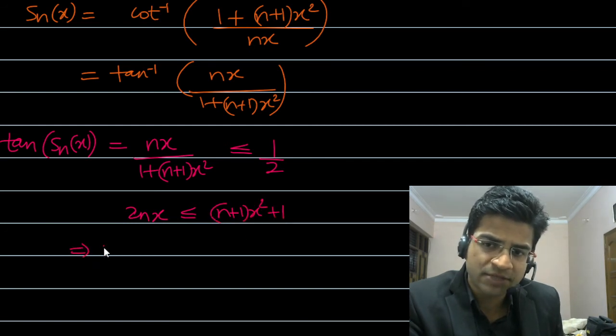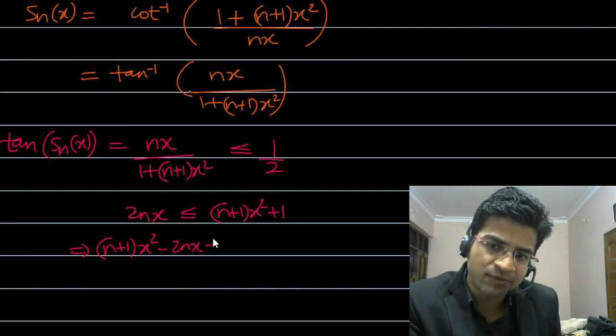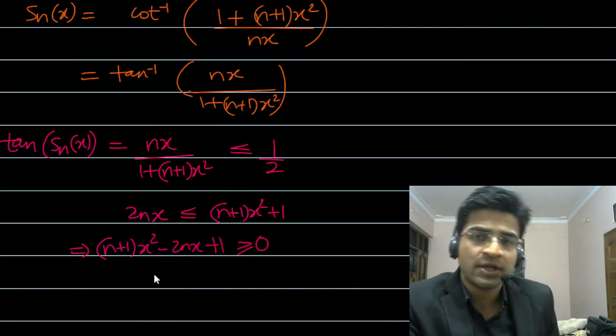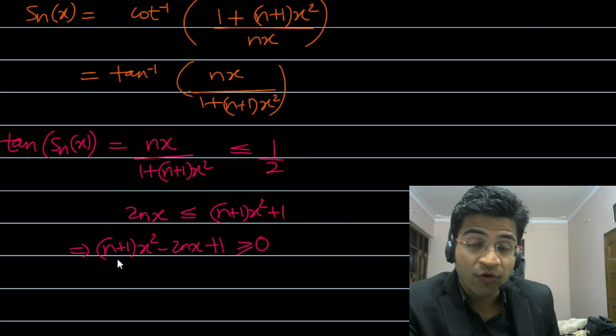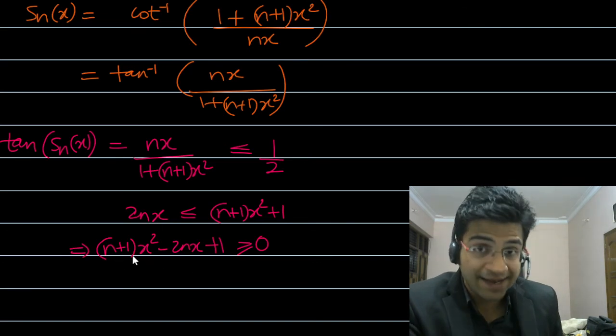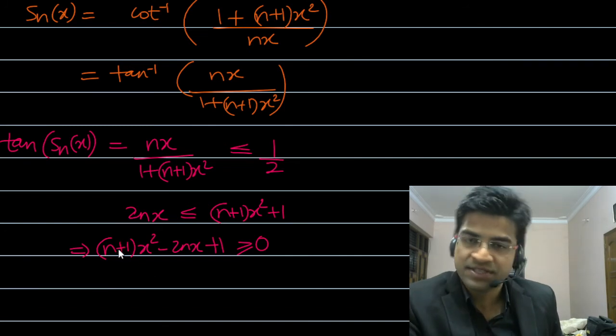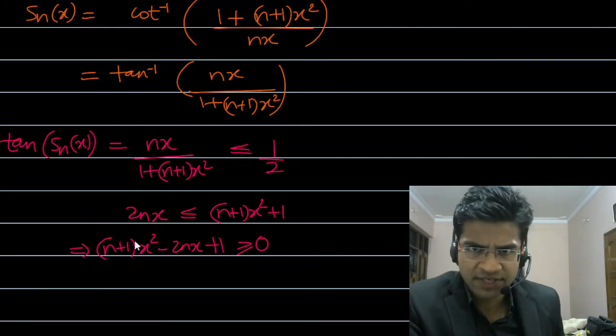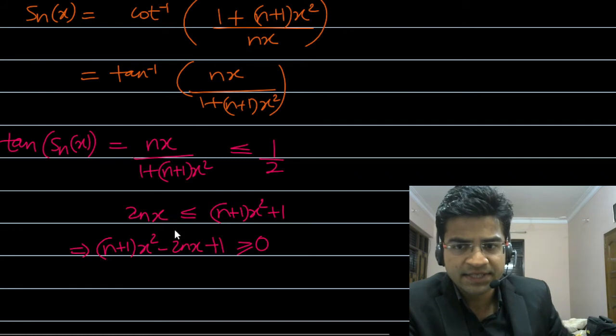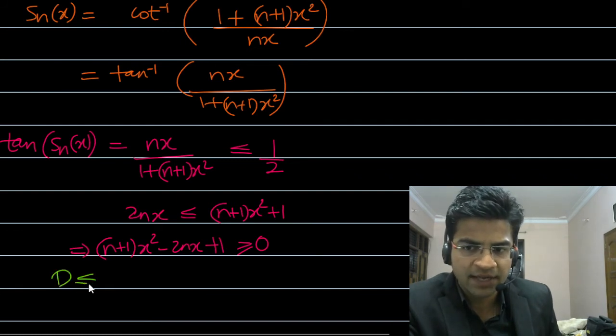So this is (n plus 1)x square minus 2nx plus 1 greater than or equal to 0, for all x greater than 0 and n greater than or equal to 1. Since this is always greater than or equal to 0, its discriminant should be less than or equal to 0.